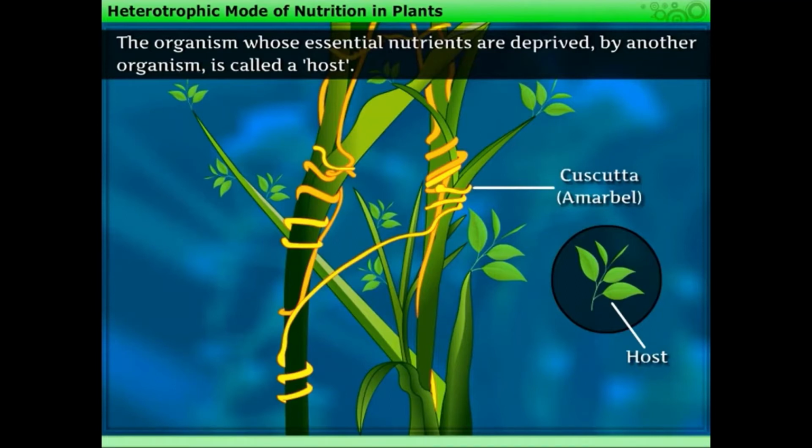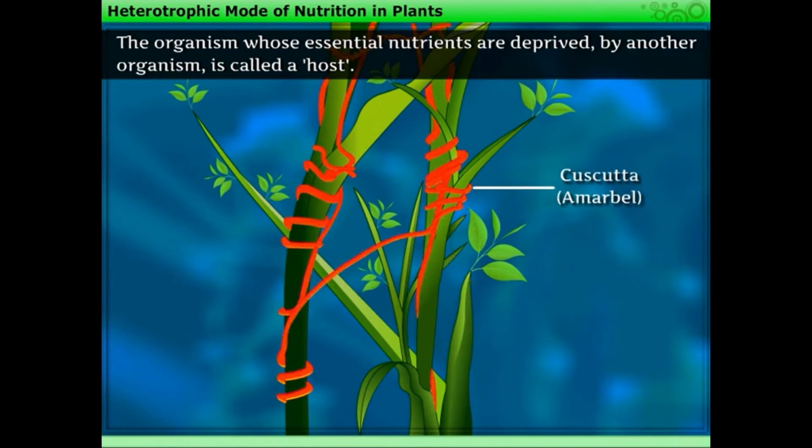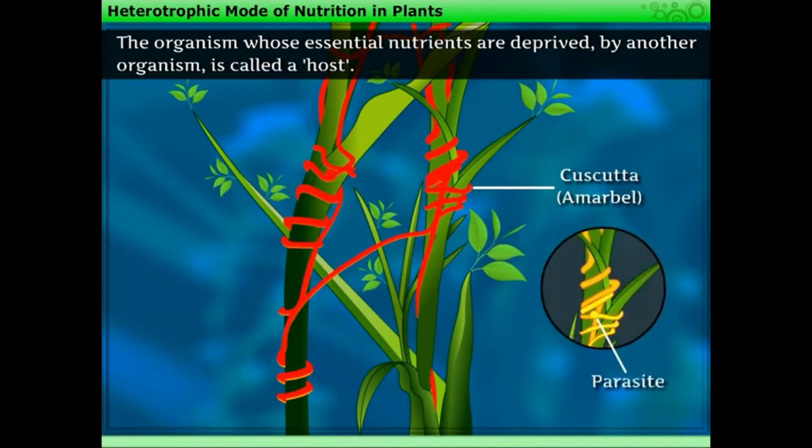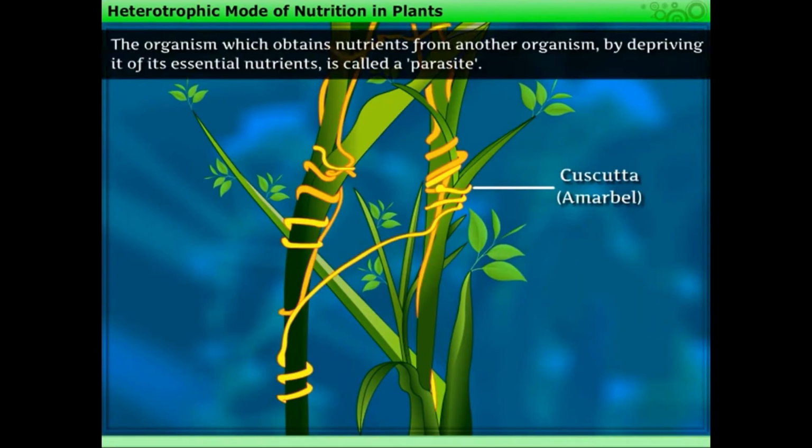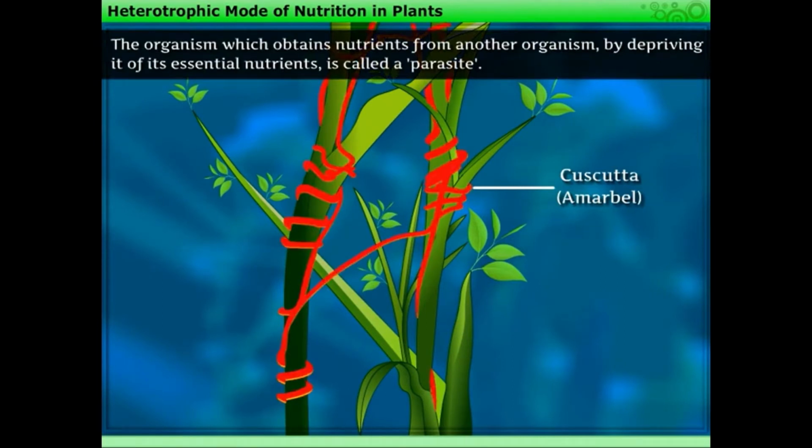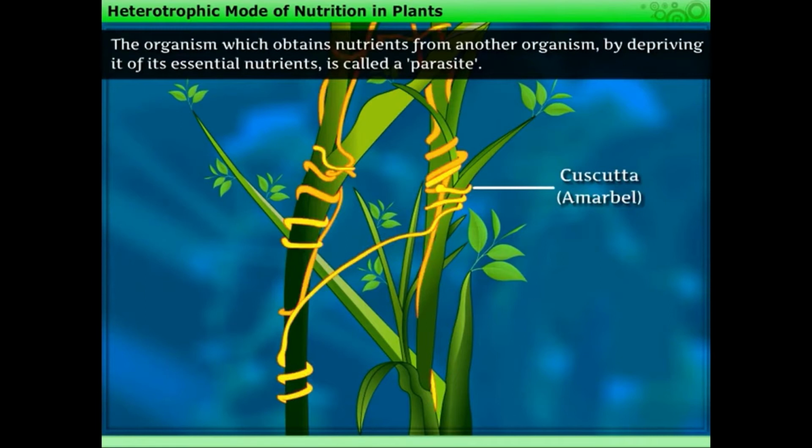So we can say that the organism whose essential nutrients are taken by another organism, such as a parasite, is called a host. Since this plant deprives the host of its valuable nutrients, it is called a parasite. So, the organism which obtains nutrients from another organism by depriving it of essential nutrients is called a parasite.